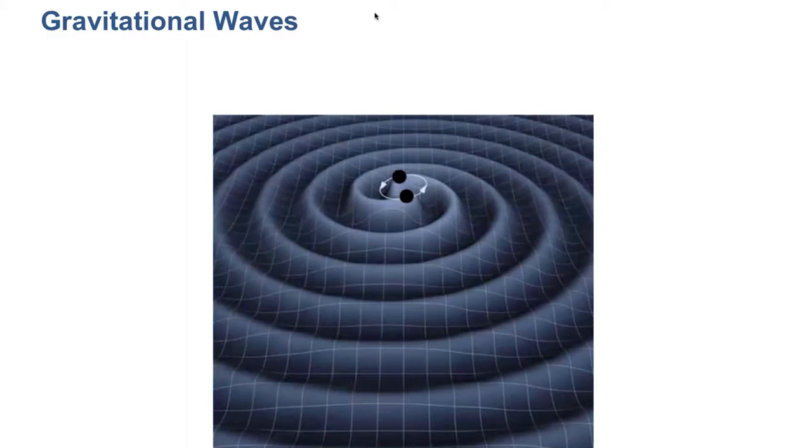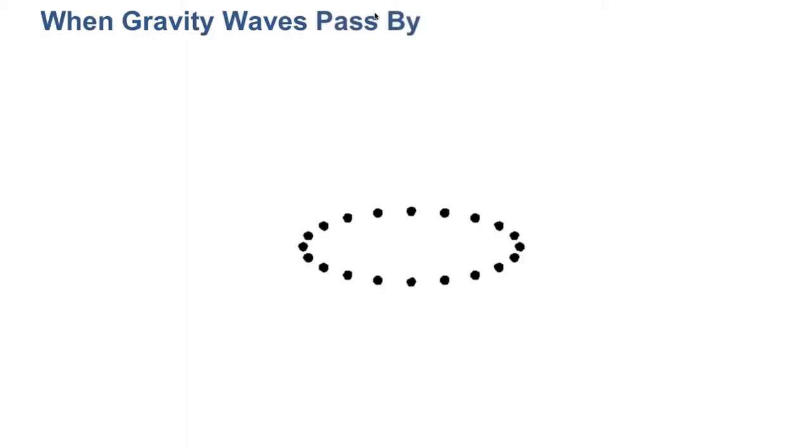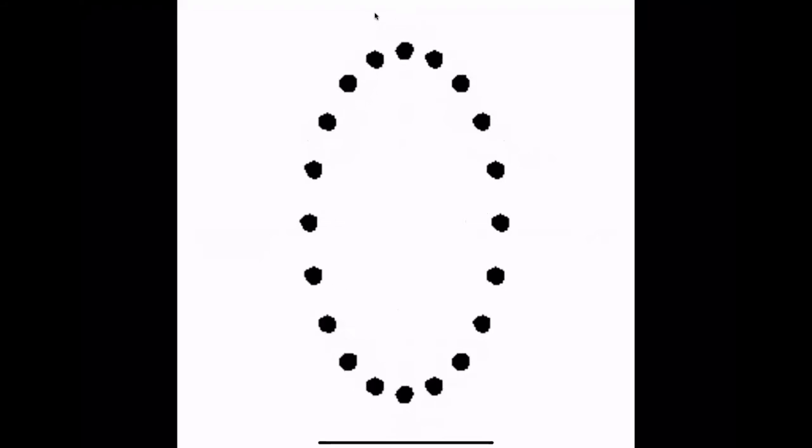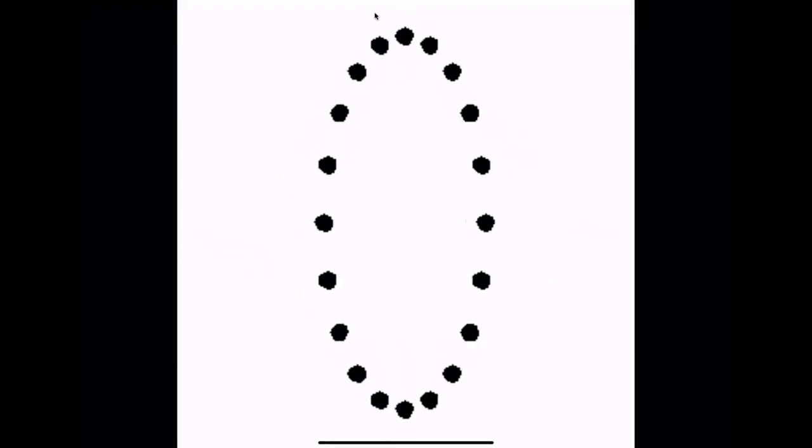How would we go about doing that? Well, here first is an example of what would happen on the Earth when a gravitational wave passed by. Here is a quick animation to show you. So here you have what was a perfectly circular ring of particles.